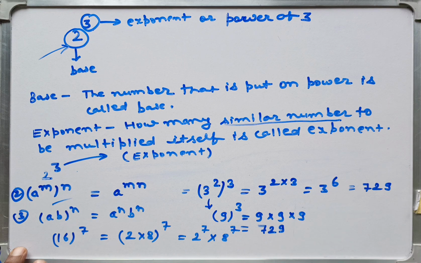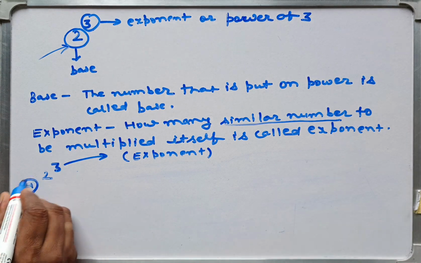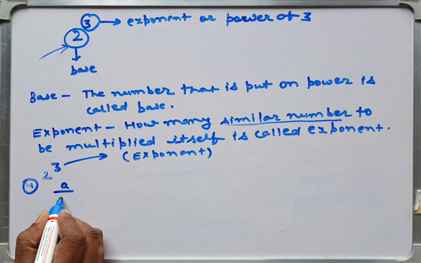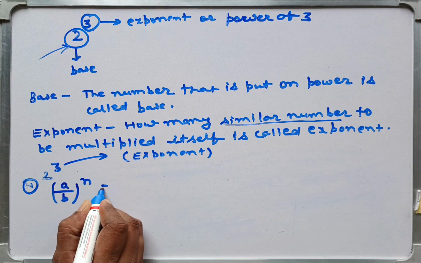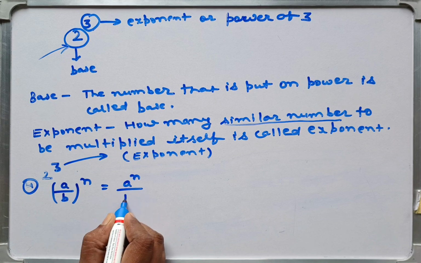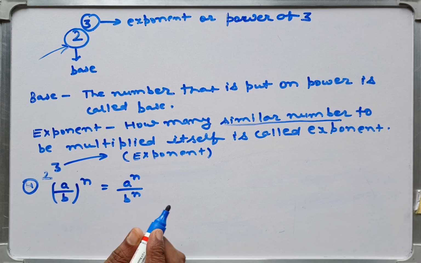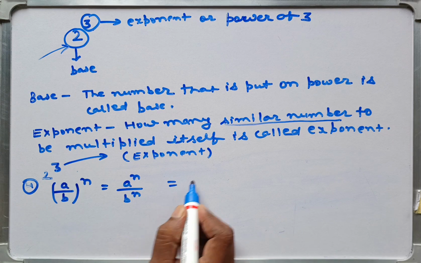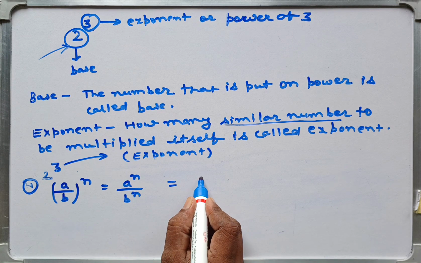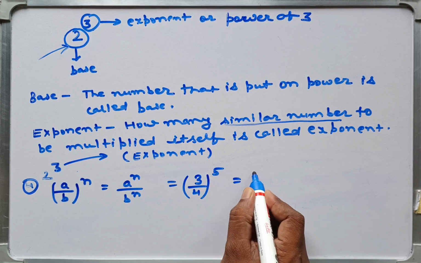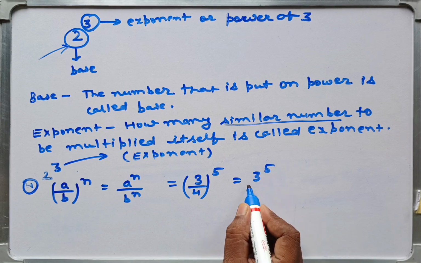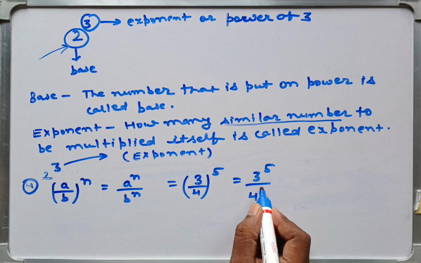Then the fourth one. Suppose a divided by b and the power raised is n. We can write it like this also. Suppose some number is given like 3 by 4 and its power is raised by 5. You can write it as 3 to the power of 5 and 4 to the power of 5.